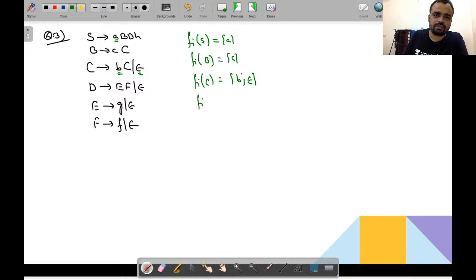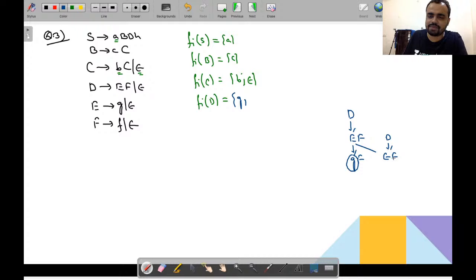Similarly, the first of D. This is the interesting thing. Okay, so from the D you can derive EF, and once you reduce the E by G, the first of D will become G. The first of D will become G, and there is another possibility. You can reduce the E by epsilon, so it will become F epsilon.